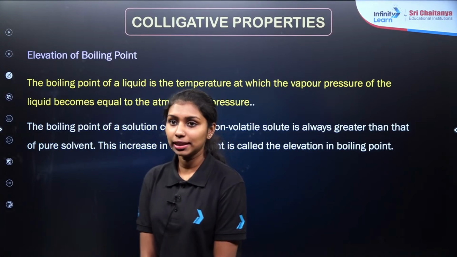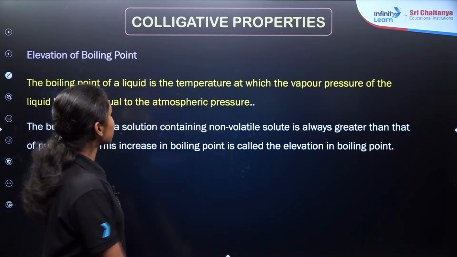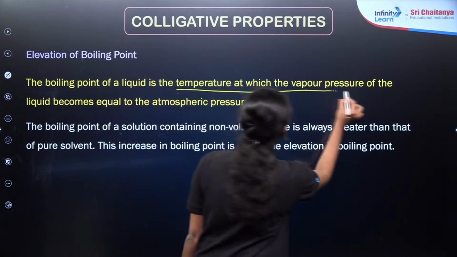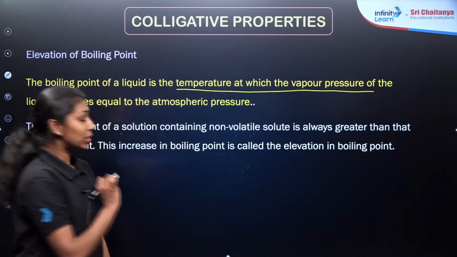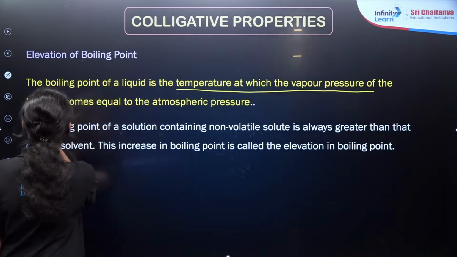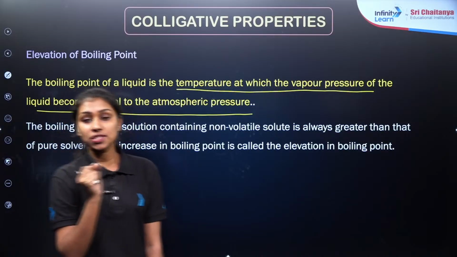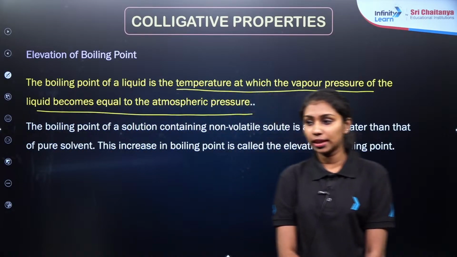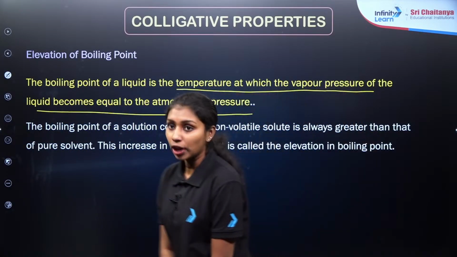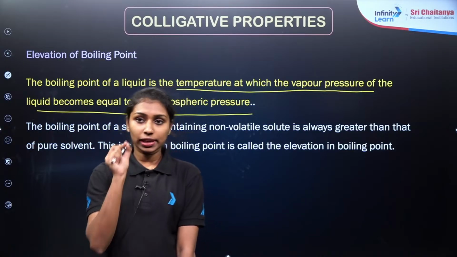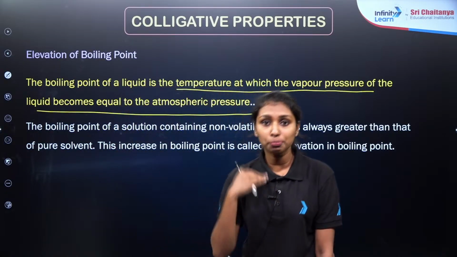So we can define the boiling point of a liquid as the temperature at which the vapor pressure of the liquid becomes equal to the atmospheric pressure, which means 1 atmosphere, that is equal to the vapor pressure of the solution. That particular temperature is known as the boiling point of the solution, right? So here we are going to discuss the next colligative property, that is the elevation of boiling point.